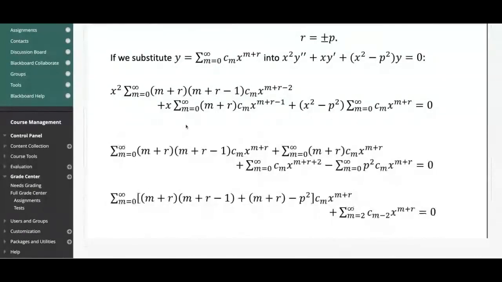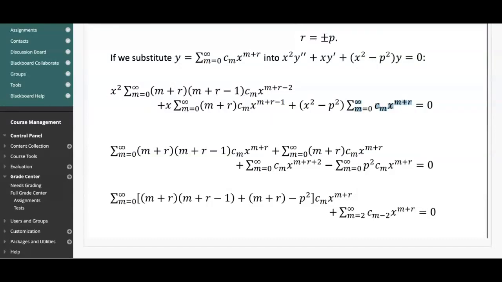Then we are trying to solve for the coefficients. How do we solve for the coefficients? We try to line up the exponents of the variables. If they do not line up, we have to force them to line up by changing the index, by re-indexing them.